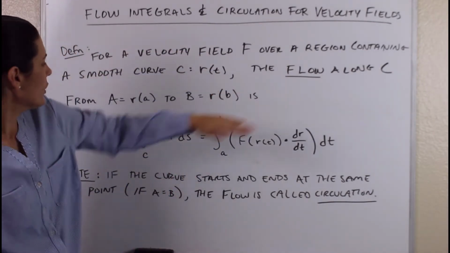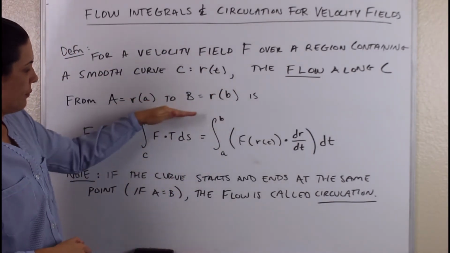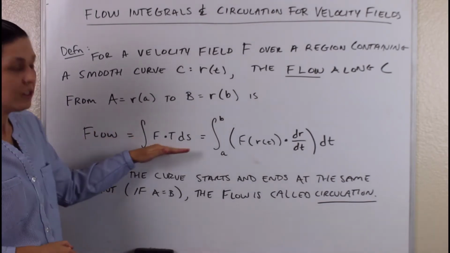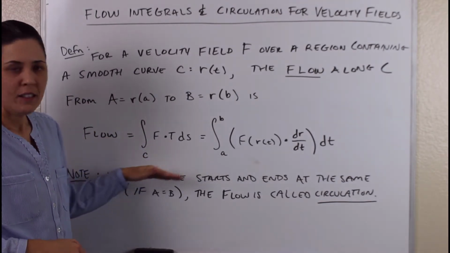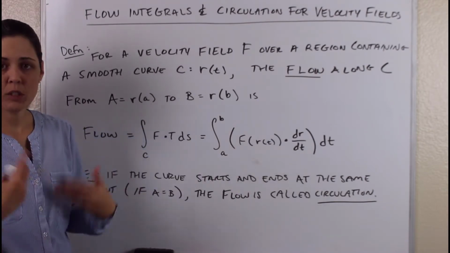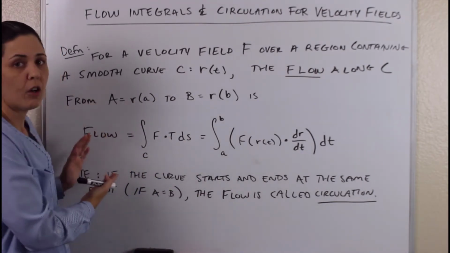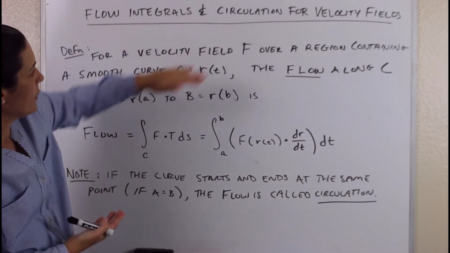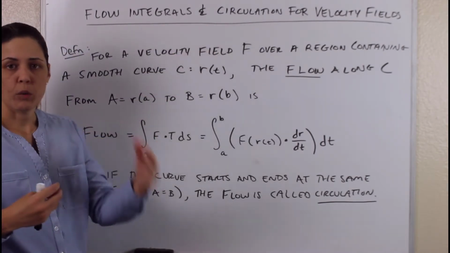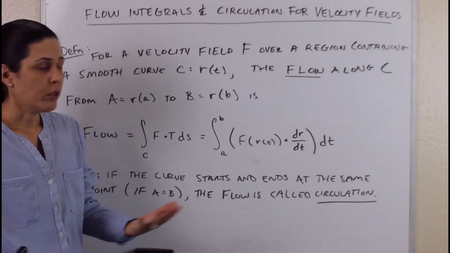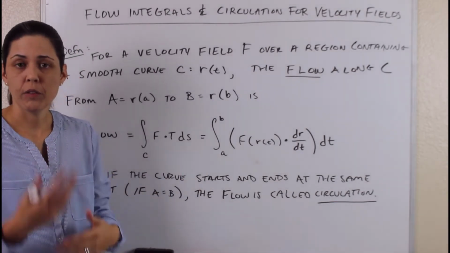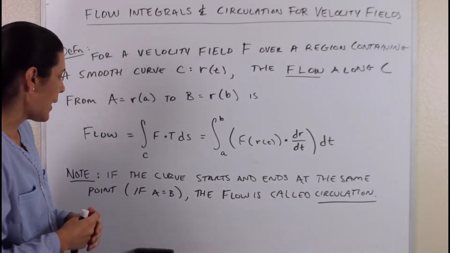So the flow along the curve between these 2 points is, your flow equals your line integral again. So the calculation is the ones we've already been doing, it's just now we're describing it as flow when F represents a velocity field and we know we're talking about some kind of flowing, maybe water or something like that.